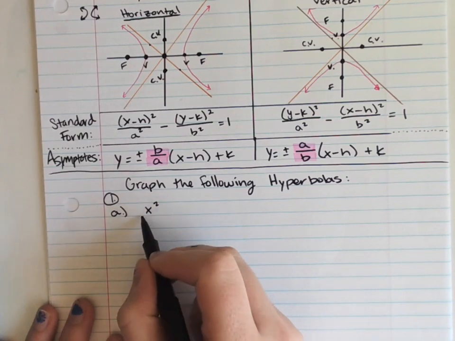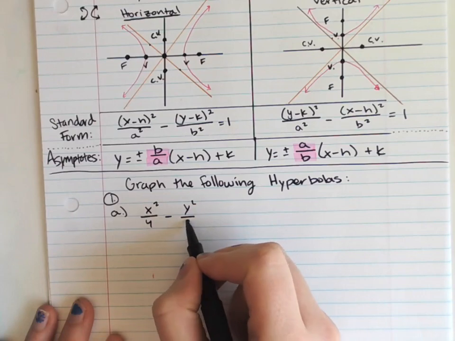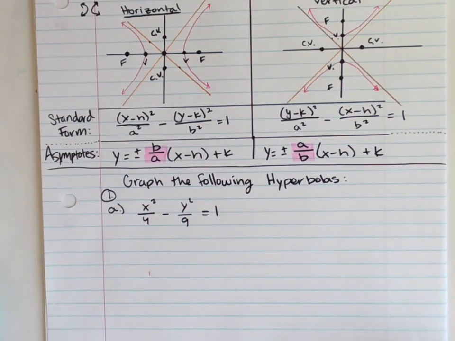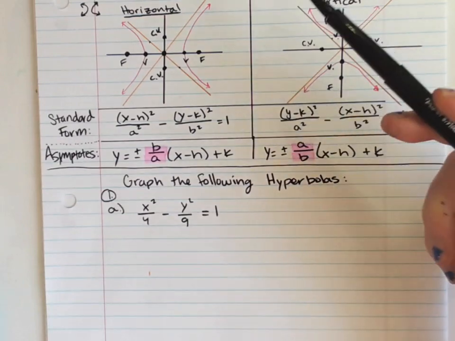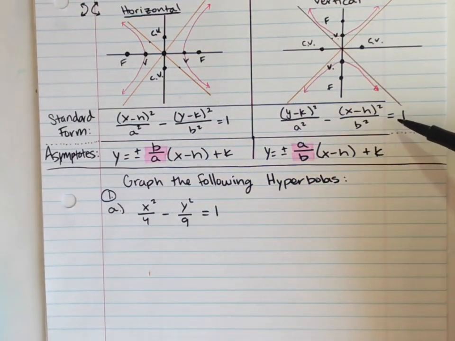x squared over 4 minus y squared over 9 equals 1. If it's equal to 1, we don't have to do anything because we want them to be equal to 1.